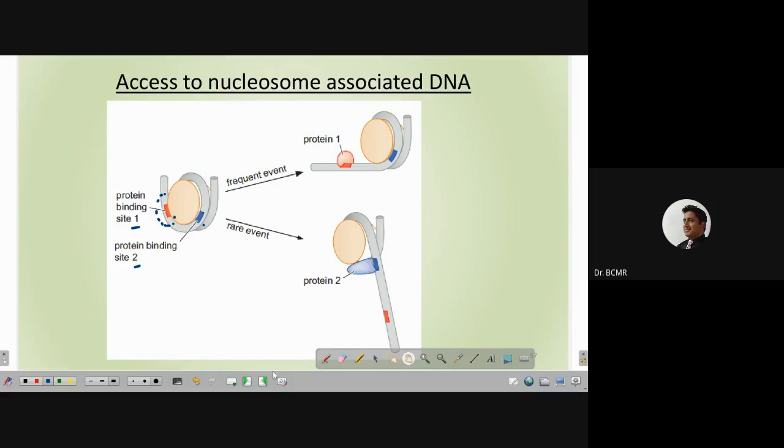That is how the DNA binding proteins can bind to their respective sites, and depending on the position of these binding sites, they will be either frequent or rare events.